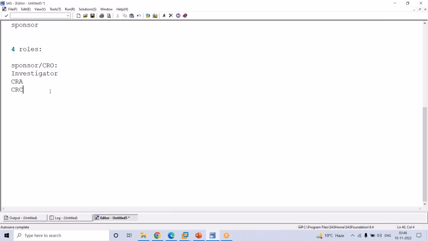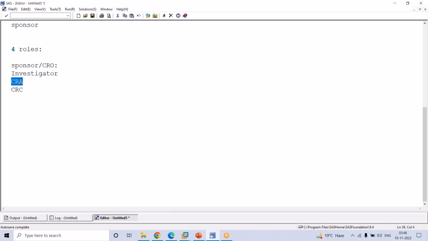They interact with the patients, they recruit the patients, and they collect the data from the subjects. Here, patients are called subjects. So CRC will interact with the patient and collect the data from them.